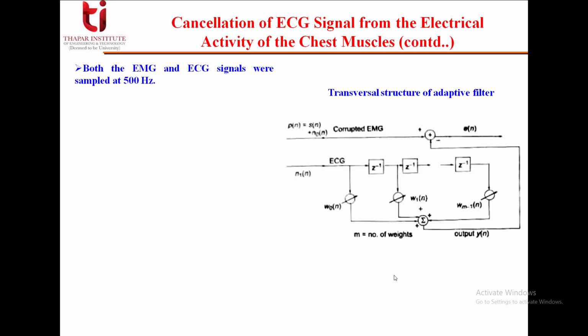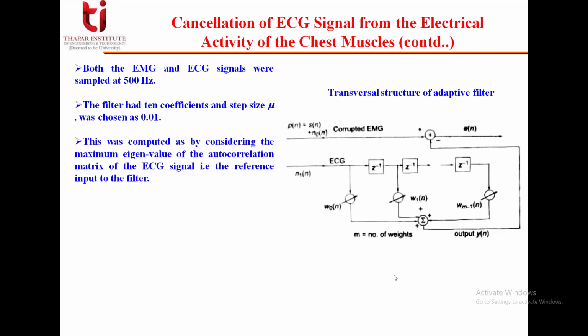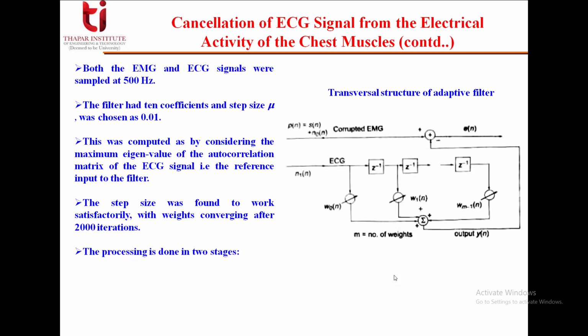Both the EMG and ECG signals were sampled at 500 Hz. The filter had 10 coefficients and a step size mu, which was chosen as 0.01. This was computed by considering the maximum eigenvalue of the autocorrelation matrix of the ECG signal, that is the reference input to the filter. The step size was found to work satisfactorily with weights converging after 2000 iterations.